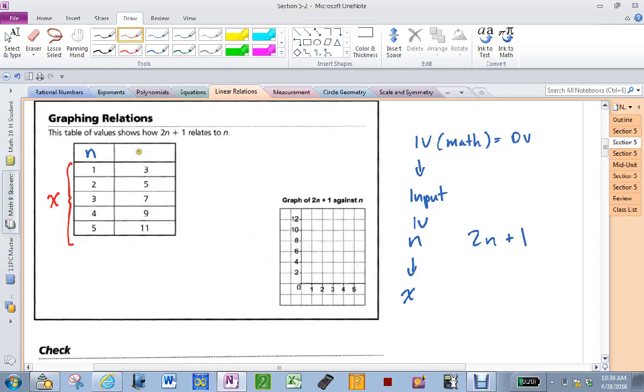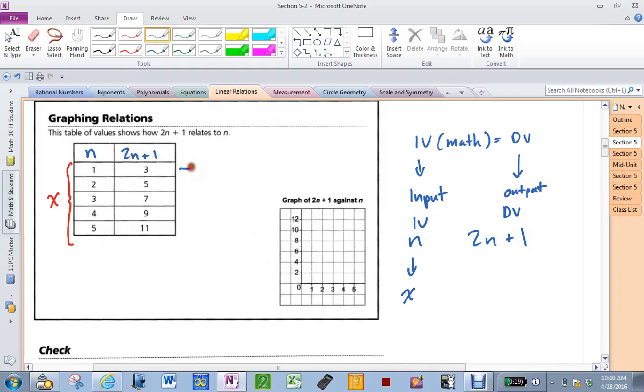So this must be our output, correct? How do I find that output? I do the math. N is 1. This is 2n plus 1, correct?